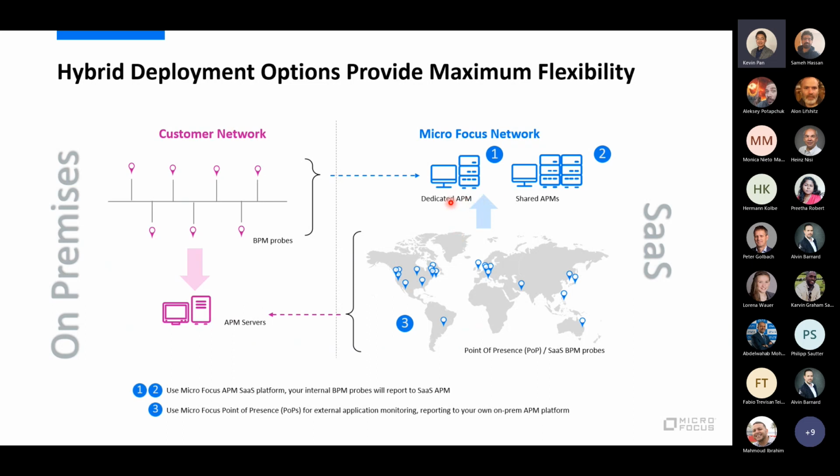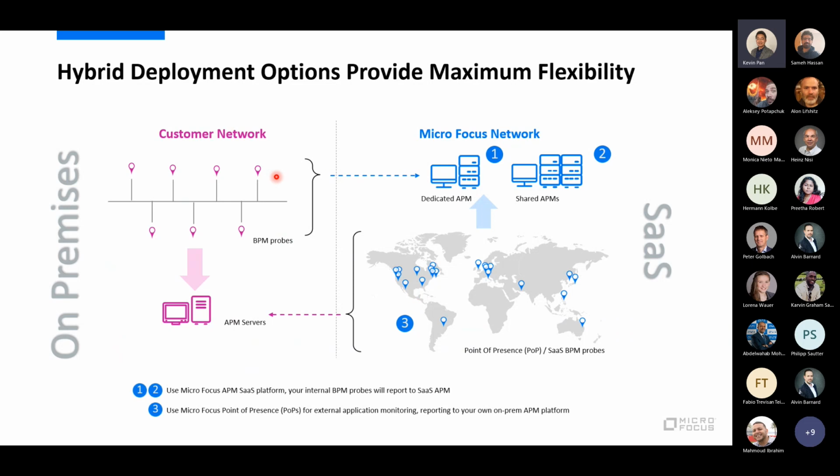Another: if they host APM in our SaaS environment, they can use our public probes, which I listed here in these major continents and cities where we host our APM probes.